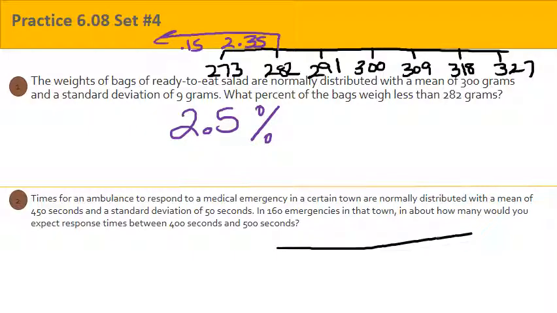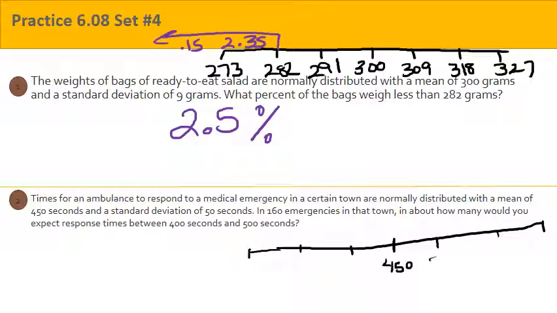All right, let's look at the next one. My line is so not straight right there. It's okay. We have times for ambulances to respond to a medical emergency in a certain town that are normally distributed with a mean of 450 and a standard deviation of 50.